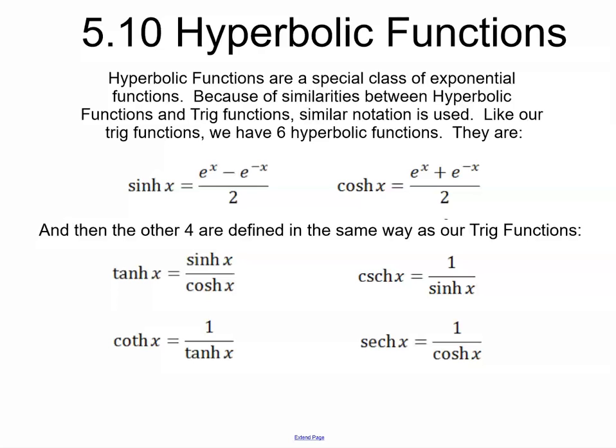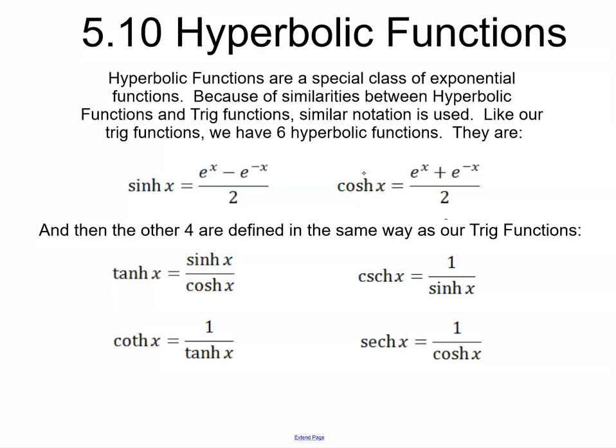You may hear hyperbolic sine referred to as synth, because it looks kind of like sine with an h, or synth, if you try and sound that out. Most of the time, if you hear somebody trying to abbreviate hyperbolic cosine, they'll say cosh.